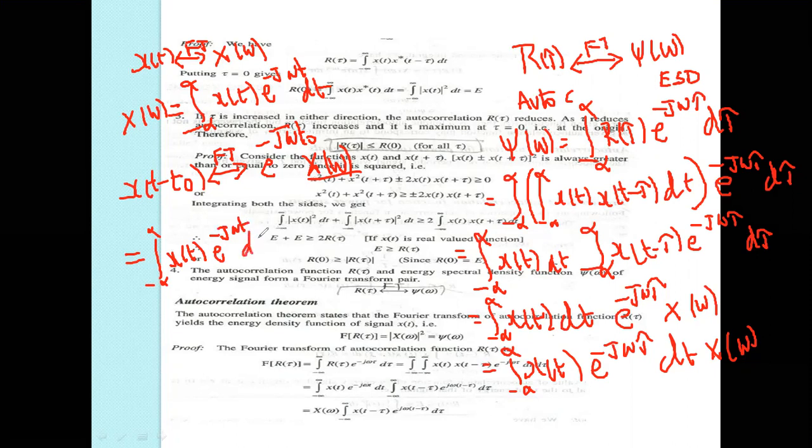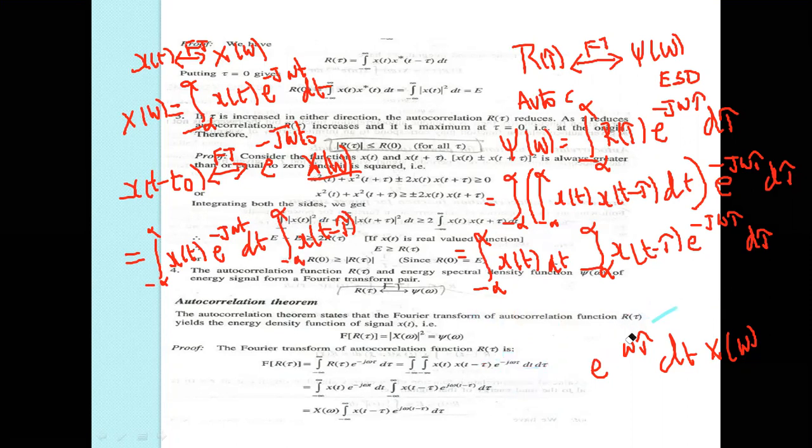You can multiply the dt in this function, and the integral from minus infinity to infinity of x of t minus tau. Before writing the time domain shift property, you remove this. I multiply e power minus j omega t here, x of t minus tau e power minus j omega tau. Take another function here, the e power plus.